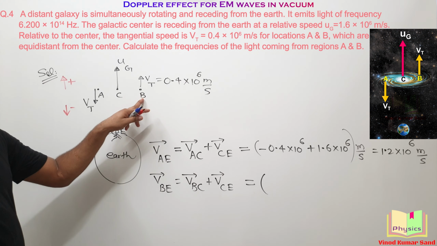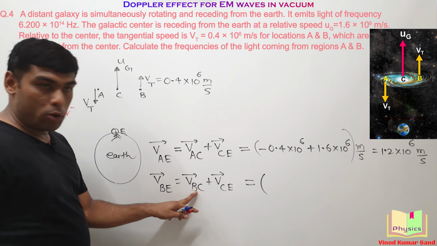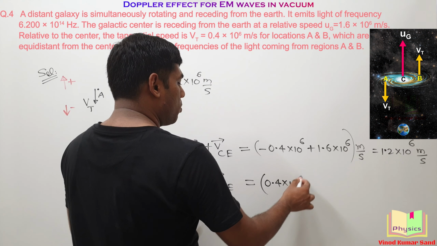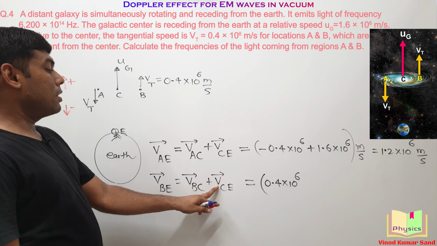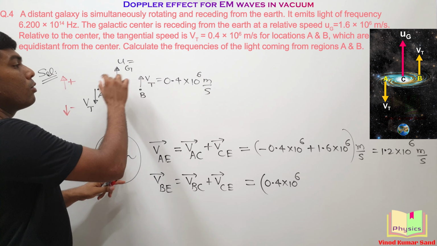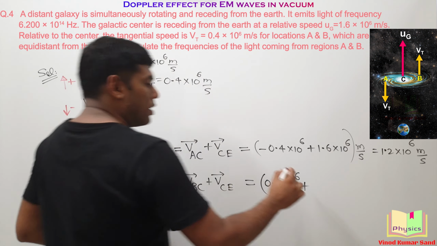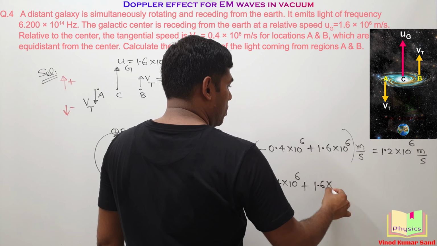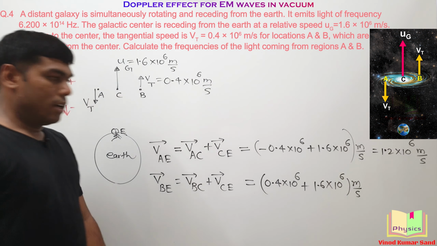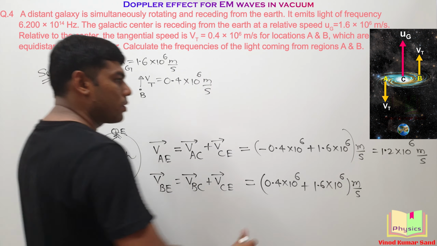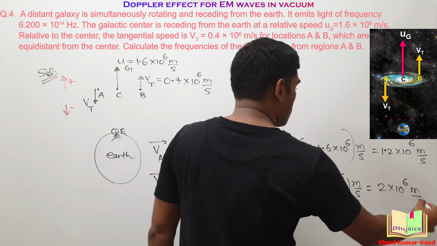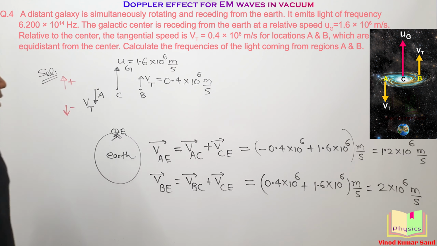So the velocity of B with respect to C, I am going to put as 0.4 into 10 to power 6, plus velocity of C with respect to the Earth, which was given as 1.6 into 10 to power 6 meter per second. Do you get this? Simplifying it, we get 2 into 10 to power 6 meter per second.